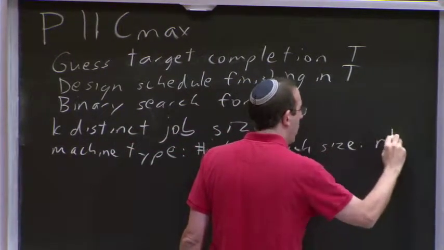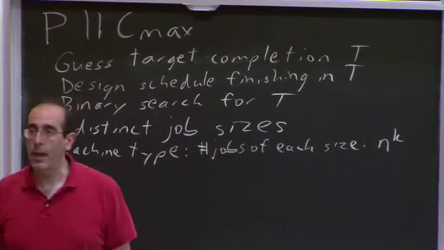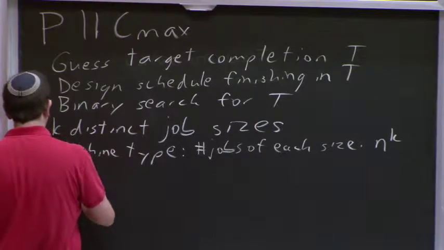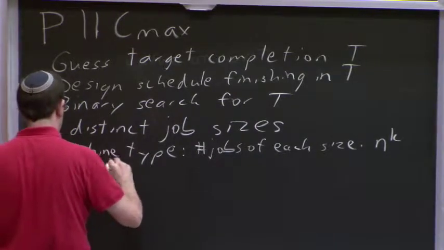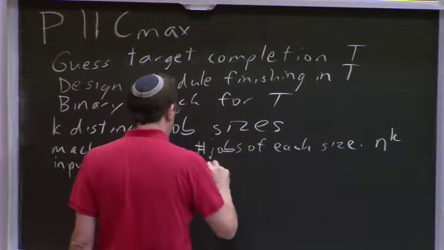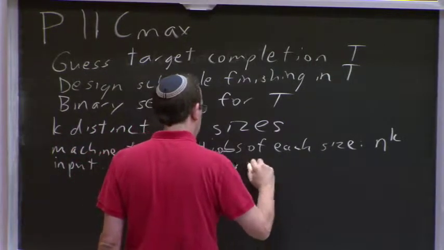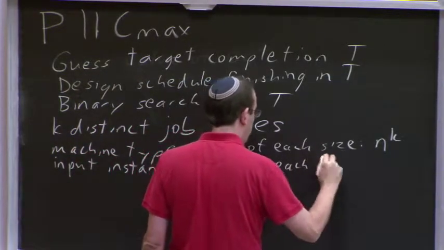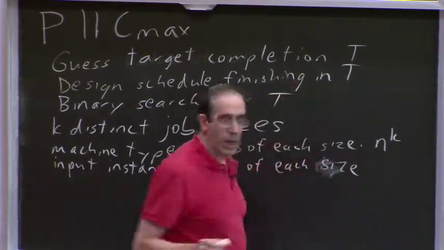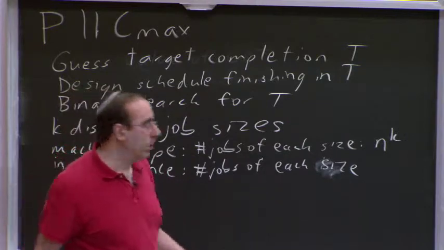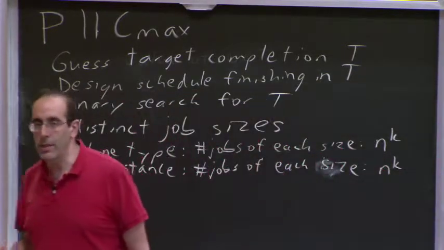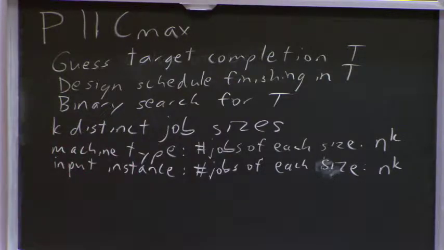And so there were n to the k machine types, right? And we could similarly define an input instance to be the number of jobs of each size that we want to schedule. And so there are n to the k different input instances as well, right?